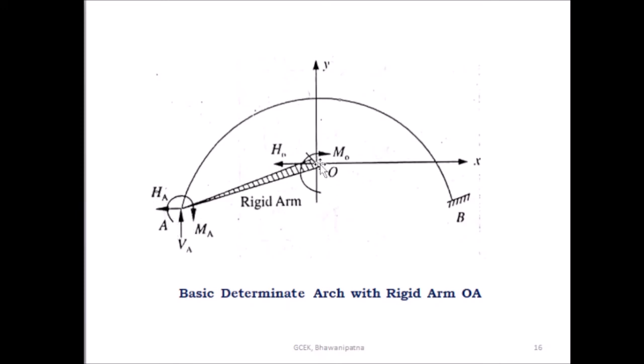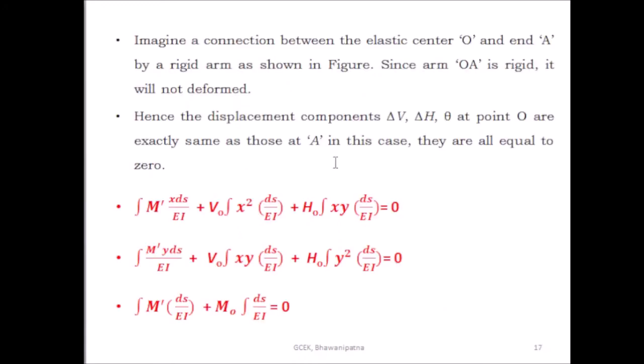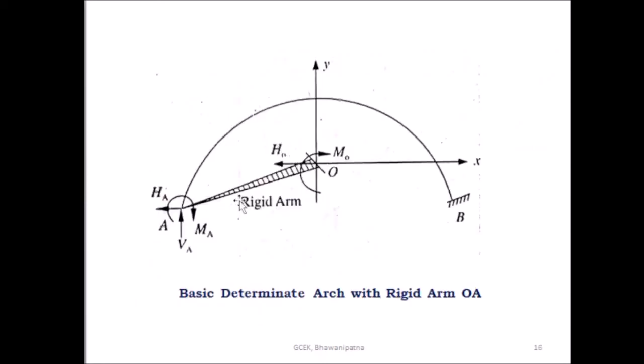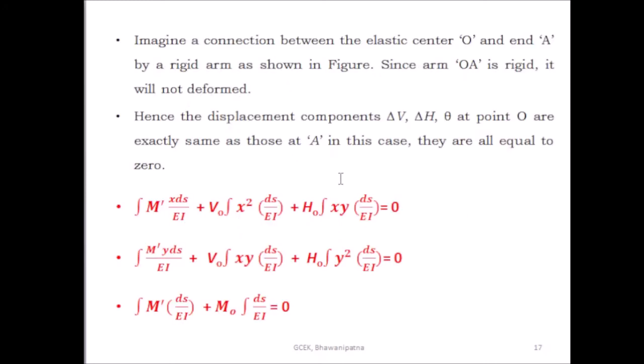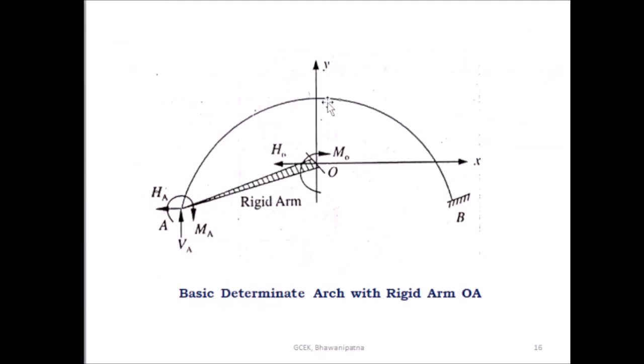Similarly, at the elastic center O, we have the vertical force VO, the horizontal force HO and the moment MO. Imagine a connection between the elastic center O and the end A by a rigid arm, as shown in this figure.